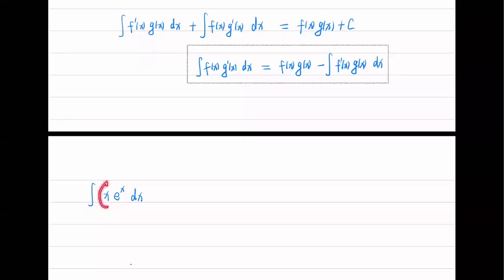We have an additional x over there. It's not so easy, but if we match this with our formula, we want to apply integration by parts, f and g. With this identification, Sophia, what is g?